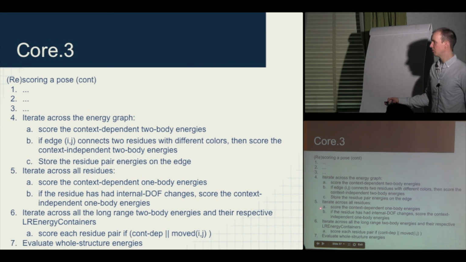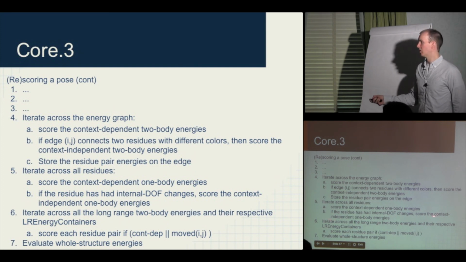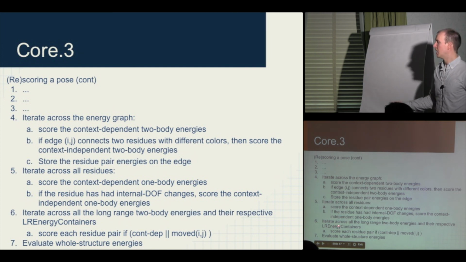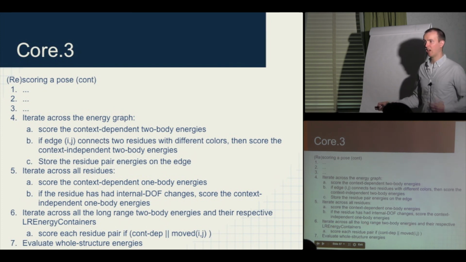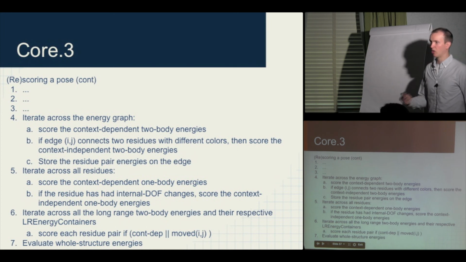You iterate across all the residues. You rescore the context-dependent one-body energies. And then if the internal degrees of freedom have changed for that residue, then you score the context-independent one-body energies. Otherwise, you can reuse them from the last time they were scored. And then you iterate across the long-range two-body energies, and then you fetch their corresponding long-range energy container, and then iterate across all of the entries in that long-range energy container, and it operates with an interface like that of a graph.